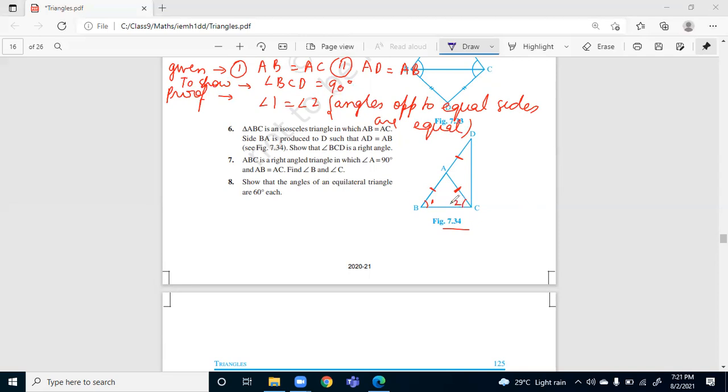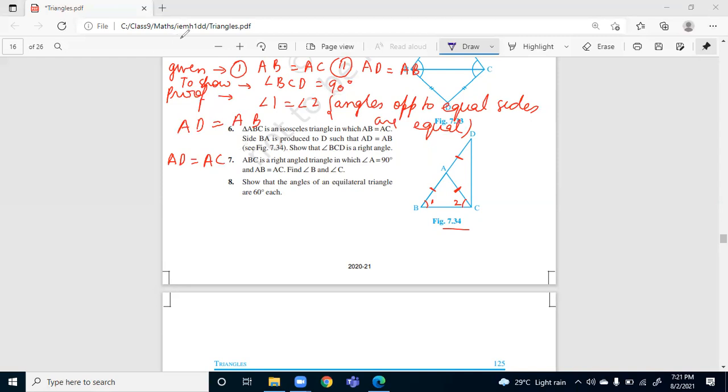Okay, now next thing which is given is AD is equal to AB. It is already given in the question. So what I am doing, see here, I am replacing AB by AC. Can I replace it? Because AB is equal to AC.